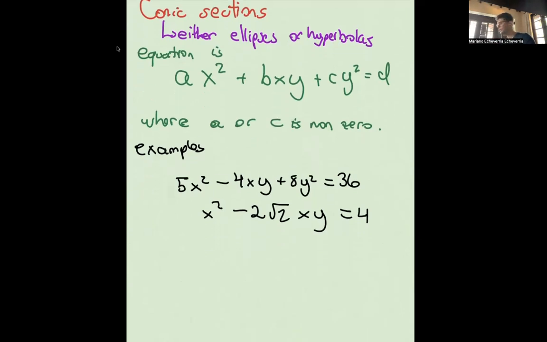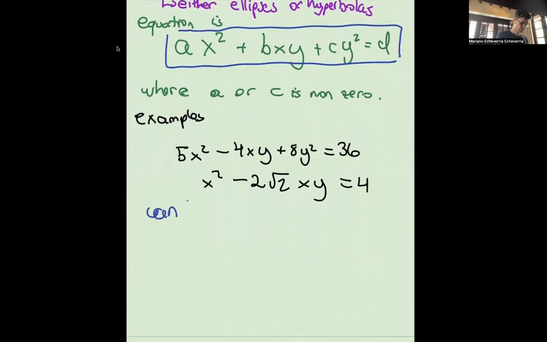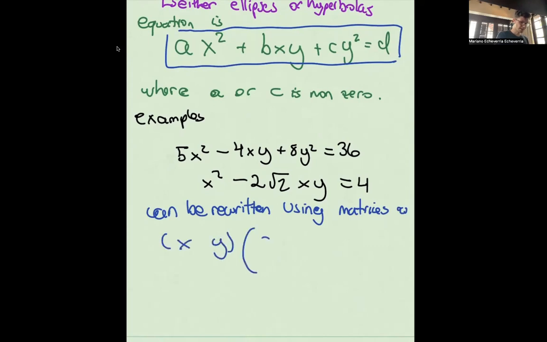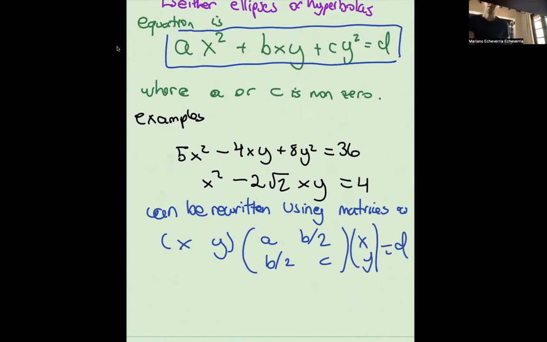And the cool thing is that you can rewrite this equation using matrices, as (x y) times the matrix with a, b over 2, b over 2, c, times (x y) transposed, equals e.